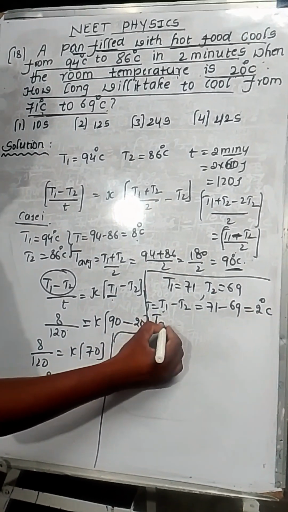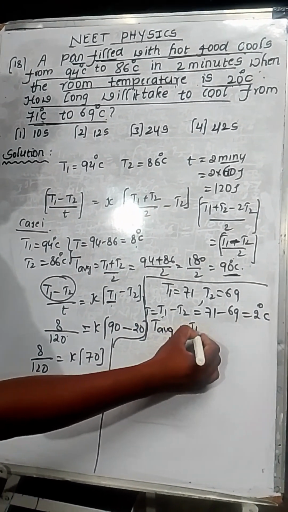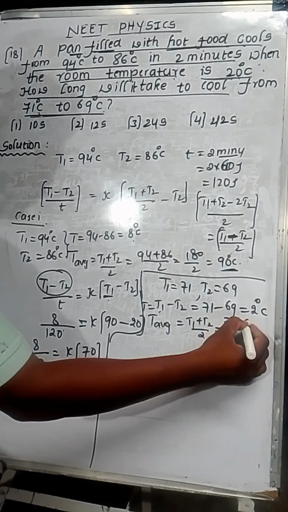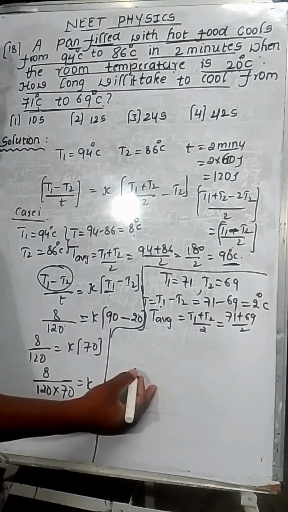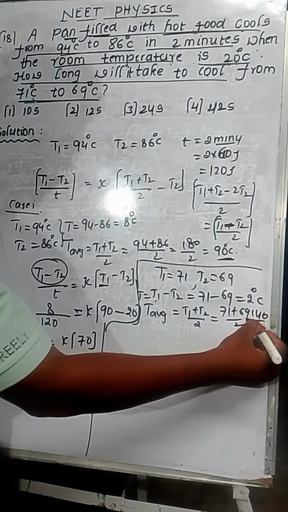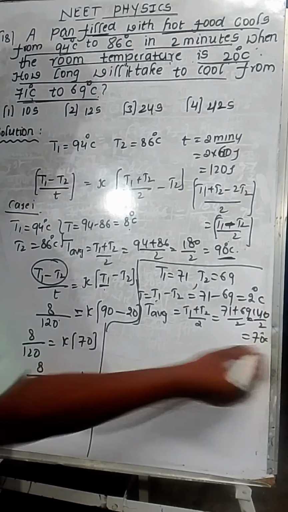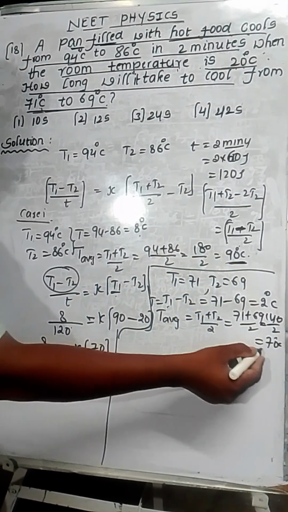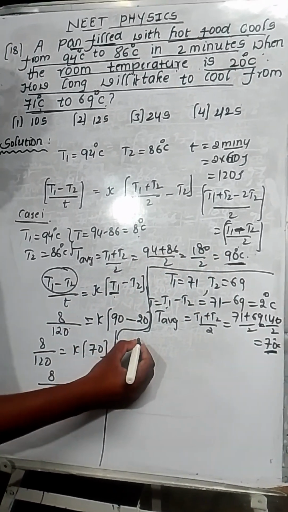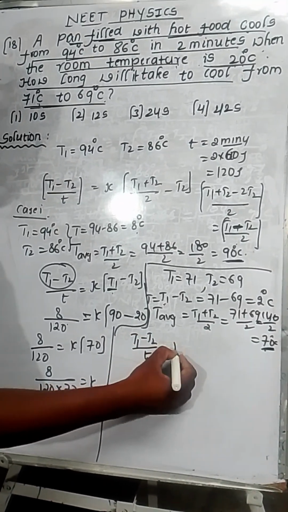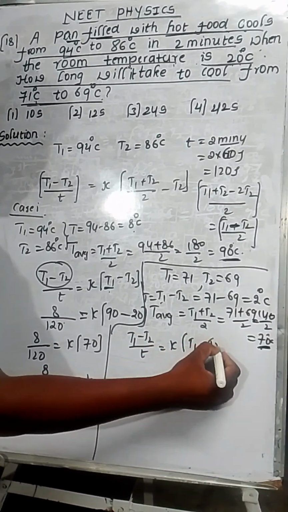And also let us find the average temperature, (T1 plus T2) by 2, that is 71 plus 69 by 2, that is 140 by 2, equal to 70 degrees. In the first case it is 90 degrees and in the second case it is 70 degrees. Again we write the equation: (T1 minus T2) by t is equal to K into (average temperature minus room temperature).